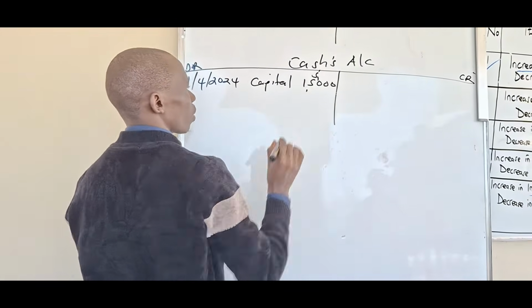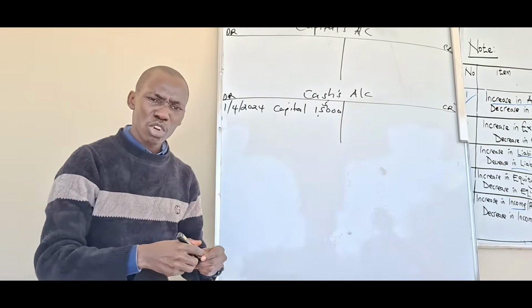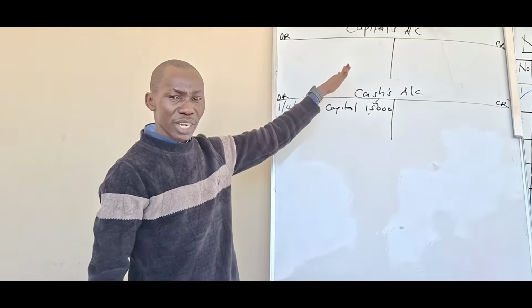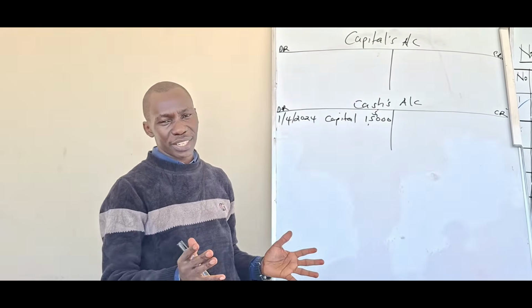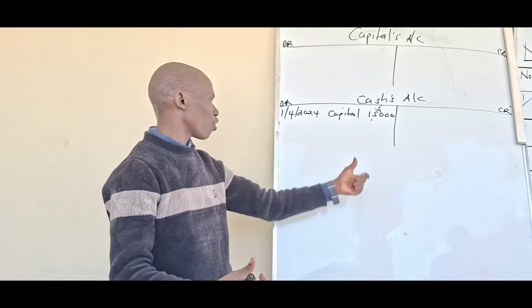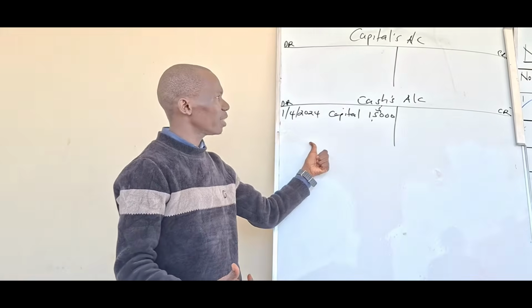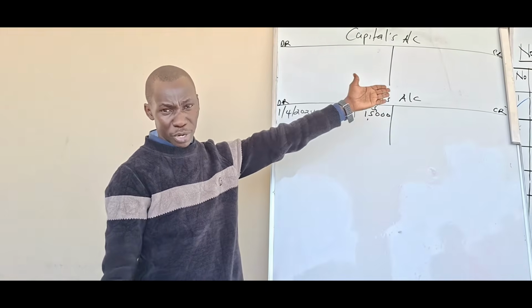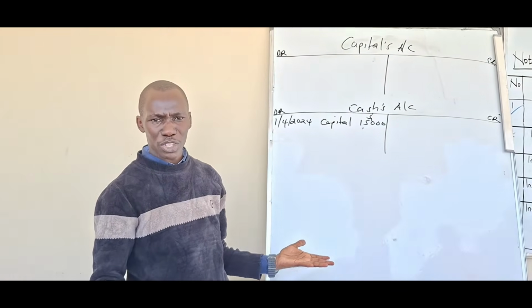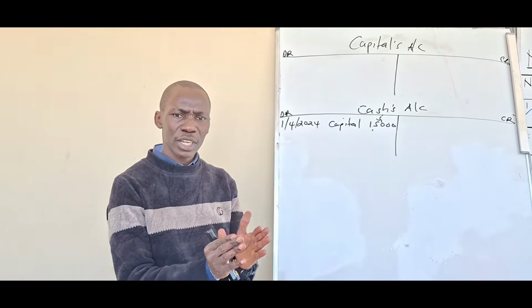50,000. Even when you are not sure where to put this record under the capital account, suppose you are not okay with the other table yet, the moment you identify the first account correctly and you have put it on the debit side, automatically the corresponding account must be on credit. This implies that now even the capital account for the business is increasing. You have turned your cash into capital.